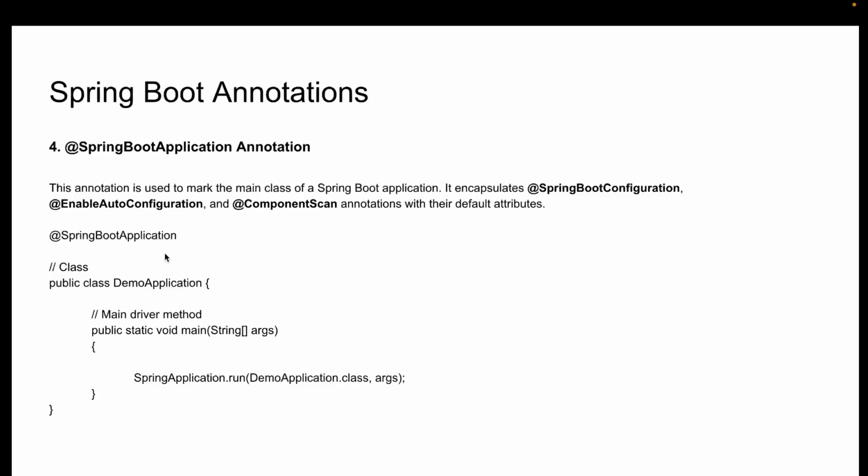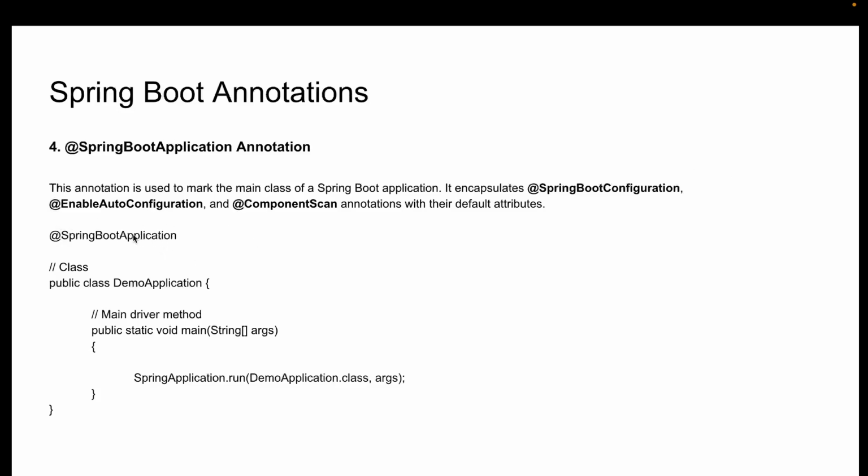Once you use this annotation, you will be able to use all the features of those three annotations that you have studied: @SpringBootConfiguration, @EnableAutoConfiguration, and @ComponentScan. So @SpringBootApplication is equivalent to the sum of all these annotations. Whatever things are done by these three annotations can be done by a single annotation.